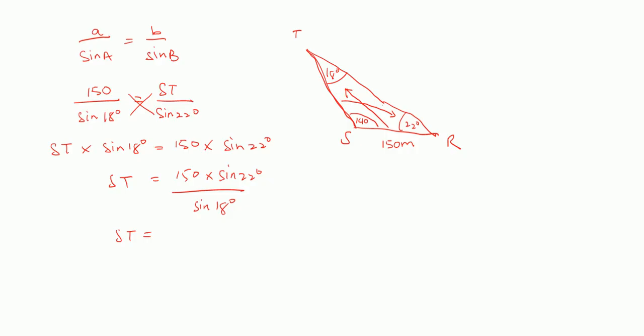150 multiplied by sine 22. I'm going to do it in parts so that you all don't get confused. This will give me 56.19 over sine 18, which is 0.309.